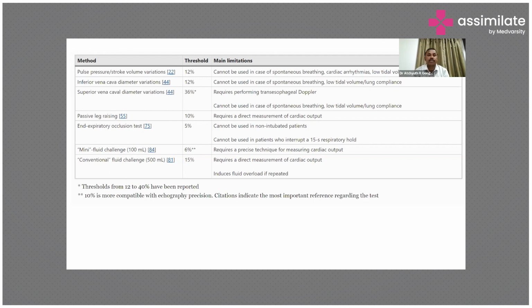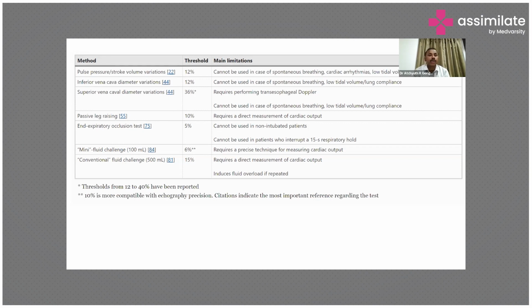It's highly sensitive, right? And other tests, like superior vena cava diameter variation, observed in transesophageal Doppler, is said to have 36% as the threshold.